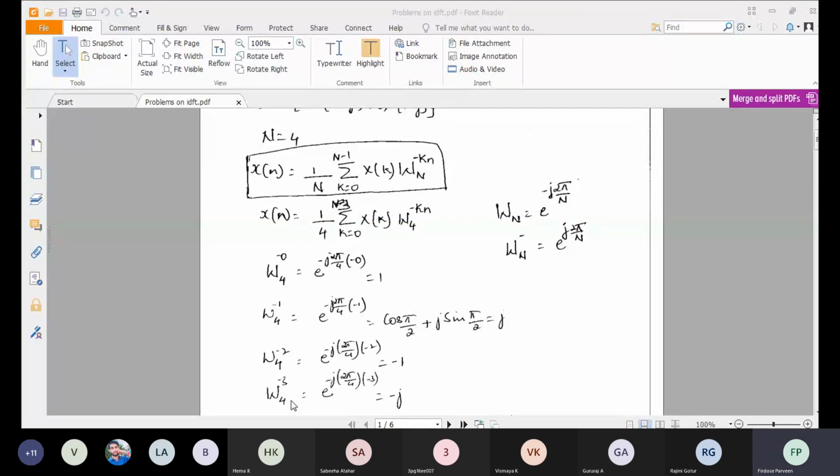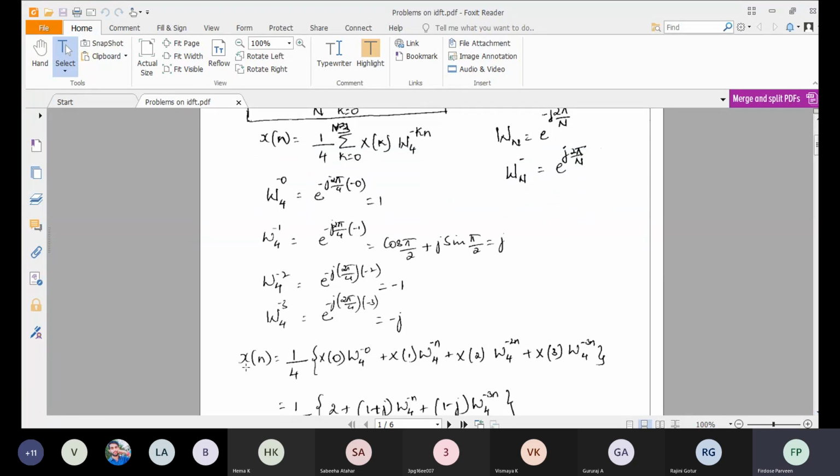Next, expand that IDFT formula. Expand this one. x of n is equal to 1 by N, summation k is equal to 0 to N minus 1, x of k, W_N to the power of minus kn. What will you be getting? Tell me.